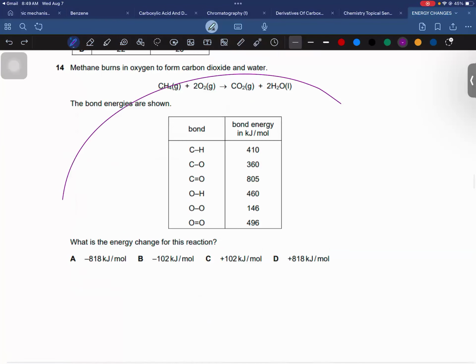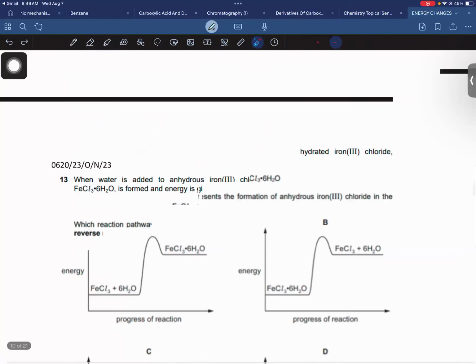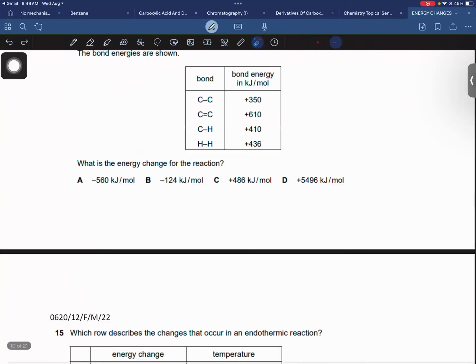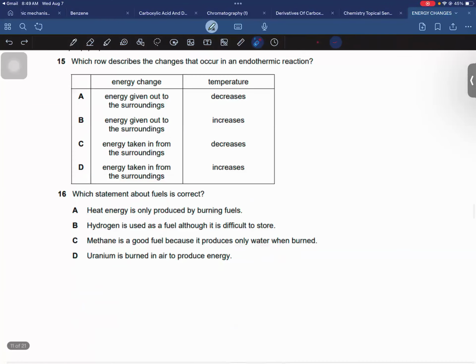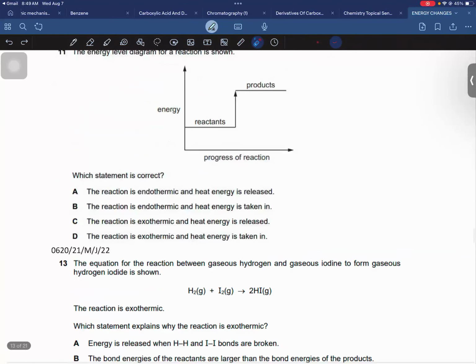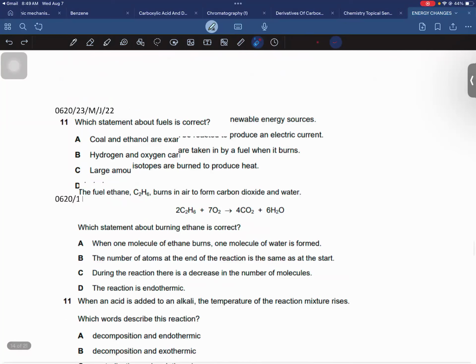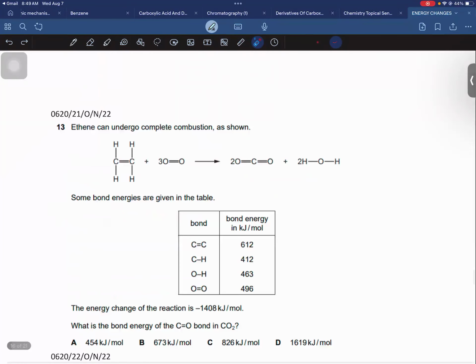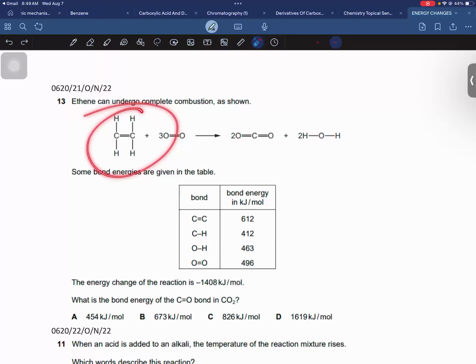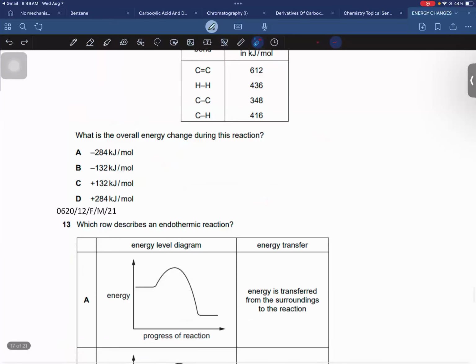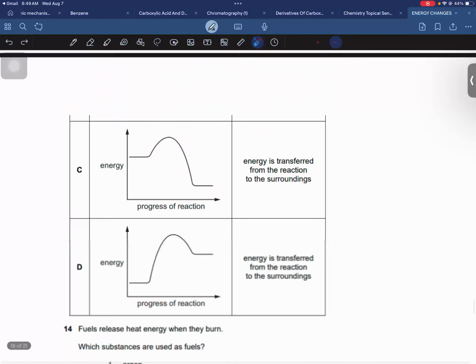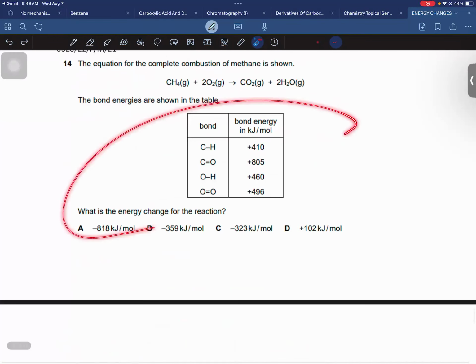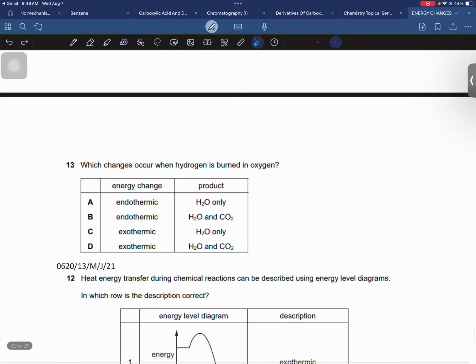Also this is also a question related to bond energy, and you have a lot of questions. And this is also a question. In this question, the examiner has already given you the structure, so this is a very easy question. Same repeated question. So I'm going to send you this, and you're supposed to do it.